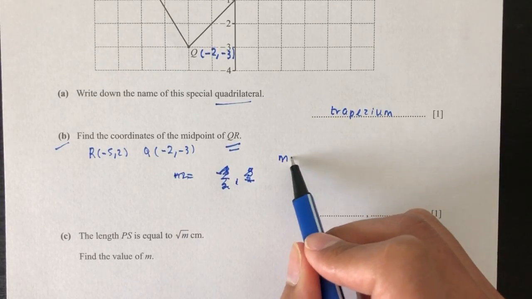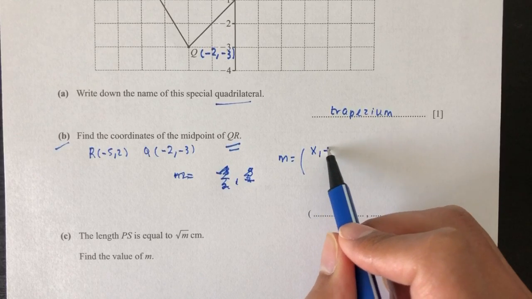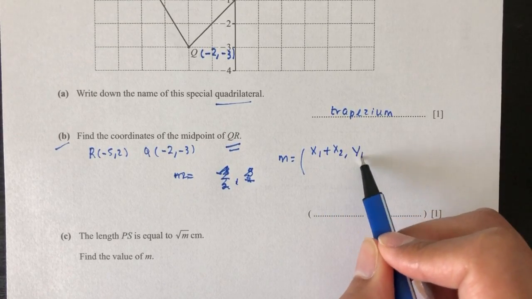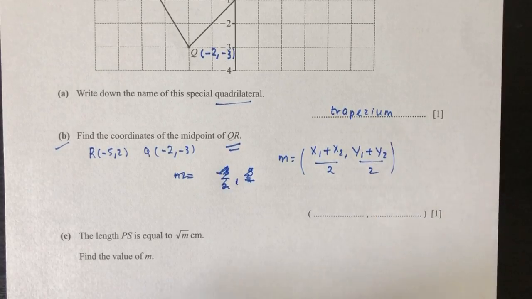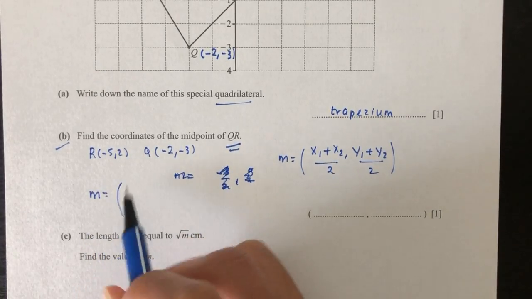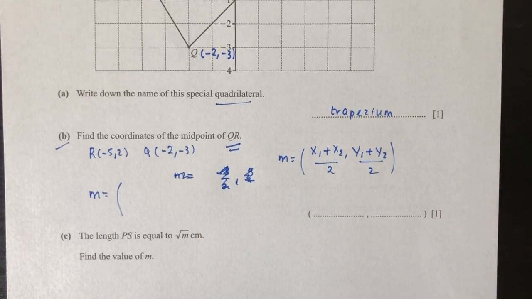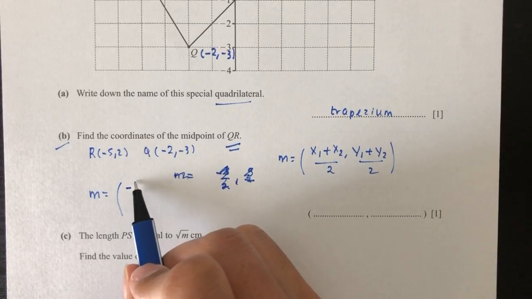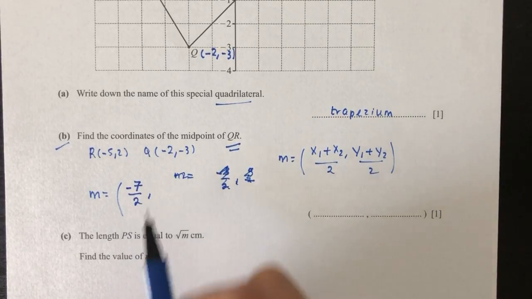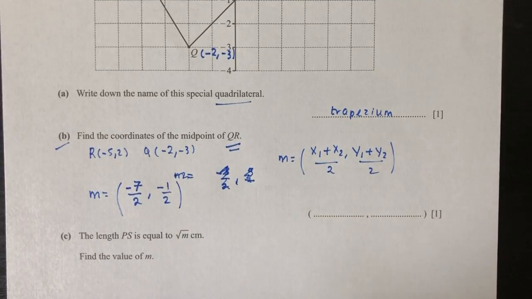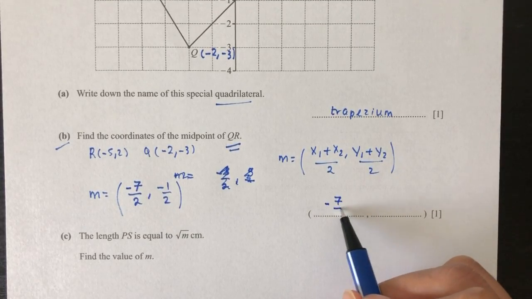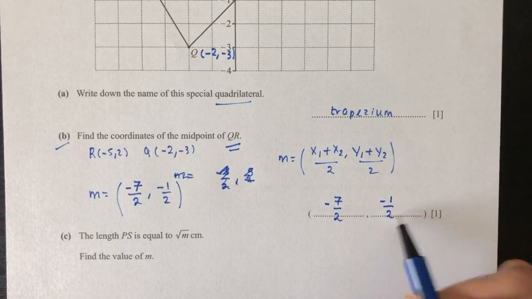So the midpoint is a different formula, which is x1 plus x2, not minus, and y1 plus y2, divided by 2, divided by 2. So let's use that. So -5 plus -2, that will be -7 over 2. Then 2 plus this, -1 over 2. This will be the coordinates of the midpoint, so -7 over 2 and -1 over 2.